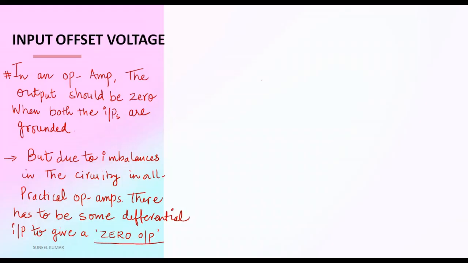We need to apply this differential input so that we can get the output as zero.